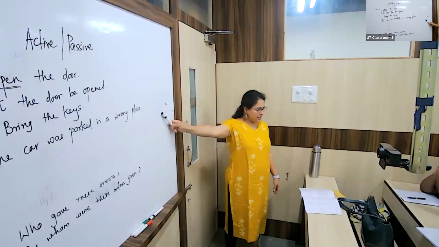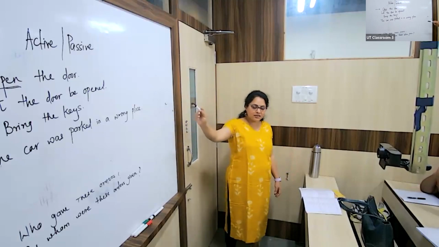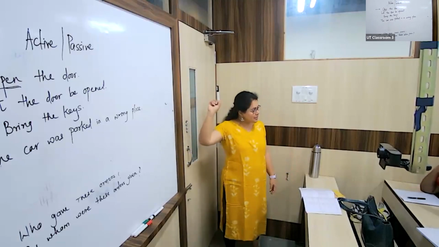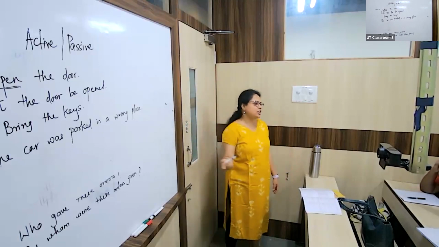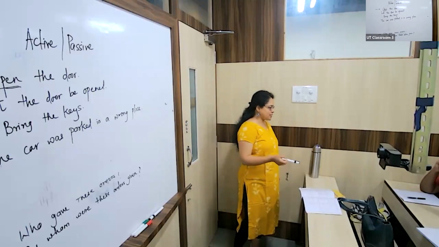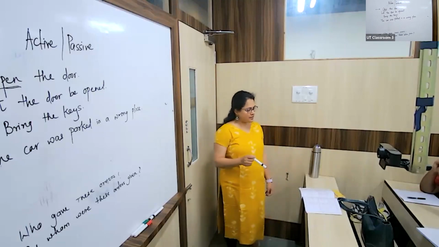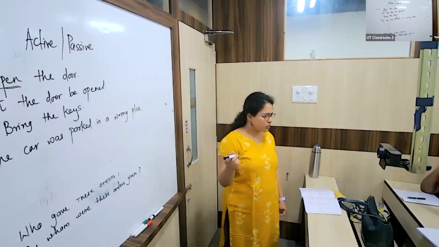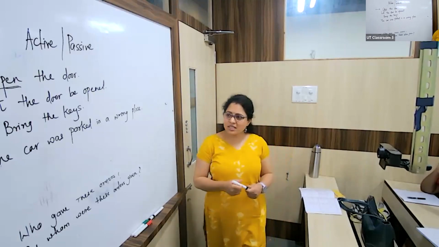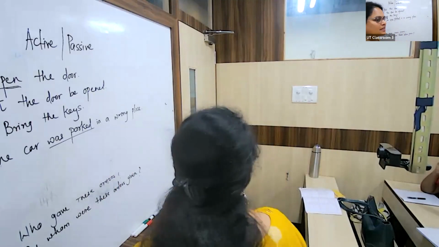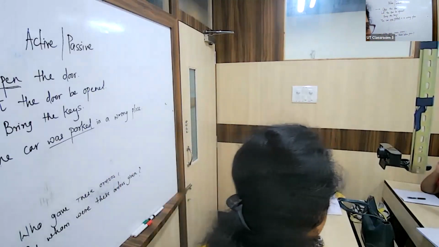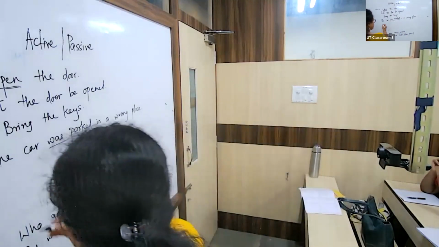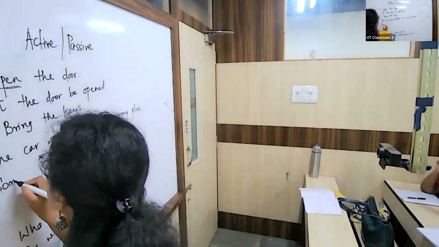So this will become: someone parked the car in a wrong place. The sentence is in passive voice and we need to change it to active voice. The car was parked in a wrong place by someone. No. See, the minute you say was parked, it becomes passive voice. So how will you write it in active voice? Someone. Now we don't know who it is.